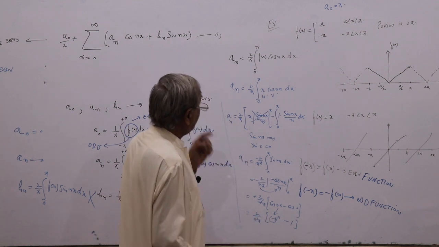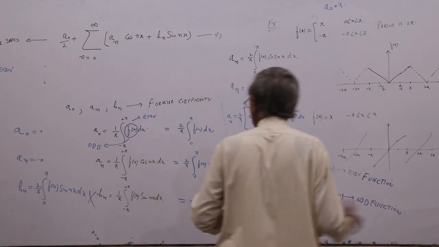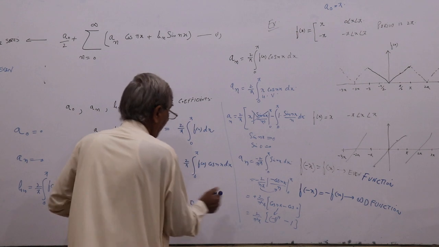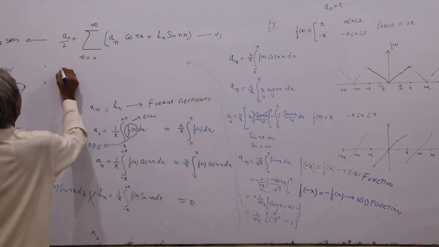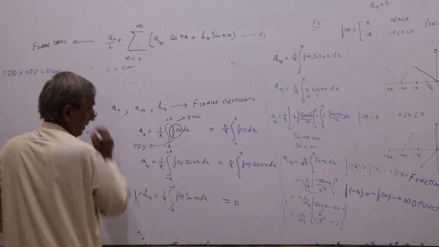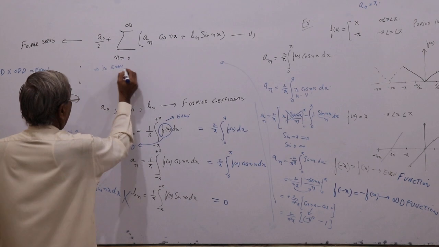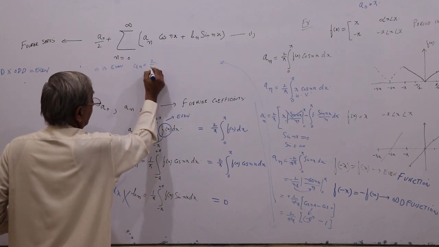When n is even, then an is equal to 2 over n square pi.